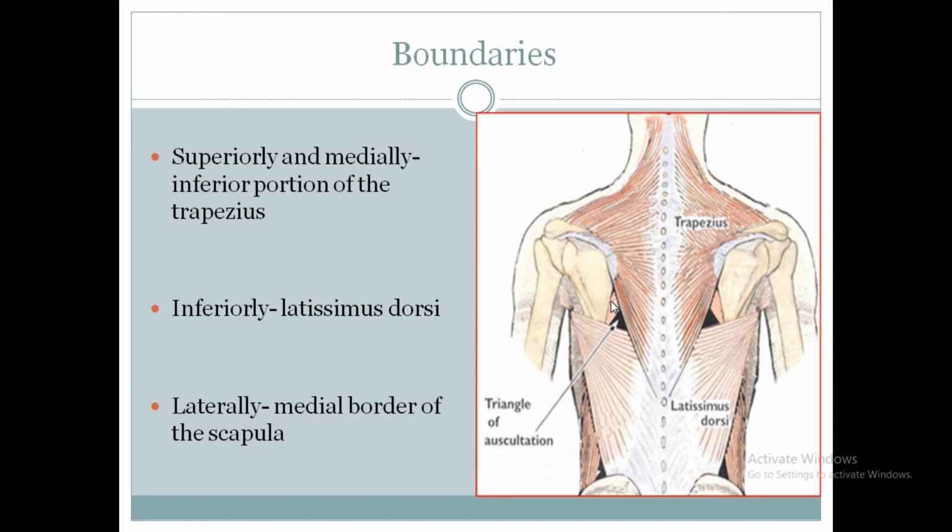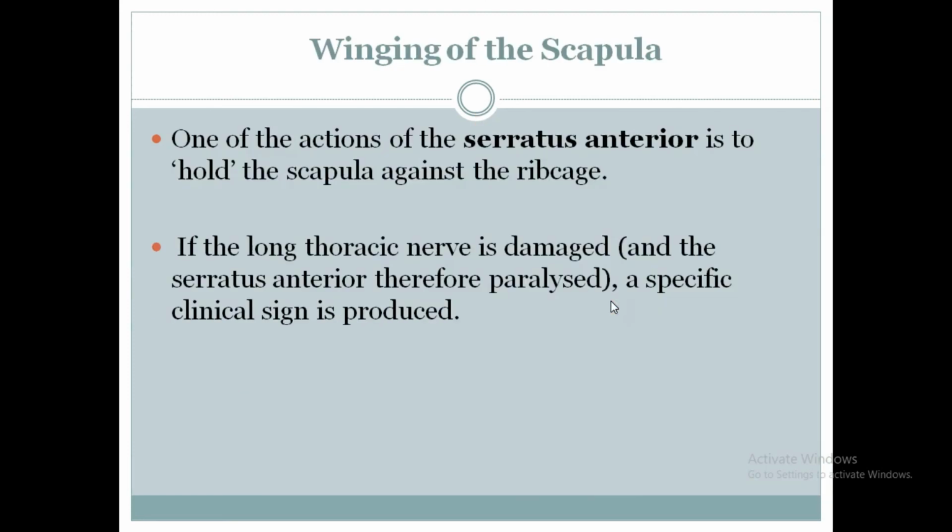The significance of the triangle of auscultation is that it is an important landmark that allows for better auscultation during pulmonary examination. In clinical practice, we have winging of the scapula. One of the actions of the serratus anterior is to hold the scapula against the rib cage.